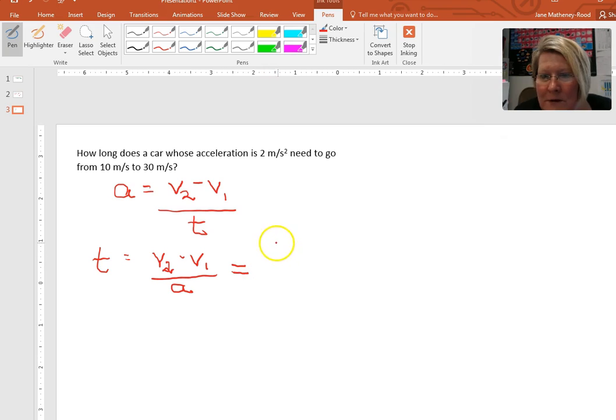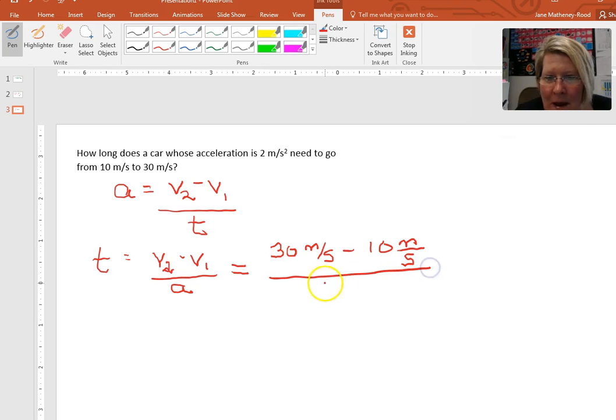Our final speed is 30 meters per second, according to the problem. Our initial speed is 10 meters per second. So 30 minus 10 is 20 meters per second. And our acceleration in the problem says 2 meters per second squared. So 20 divided by 2 is going to give us an answer of 10 seconds.